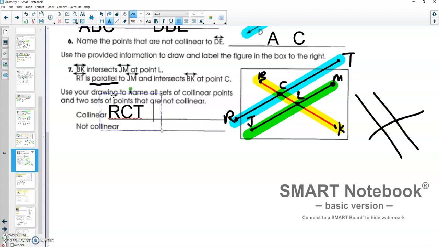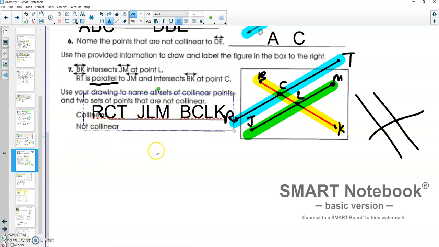Now let's do the green one. J, L, M. Those are all on the same line. And lastly, the yellow line. How many points are on the yellow line? B, C, L, K. Those are all collinear, the groupings.